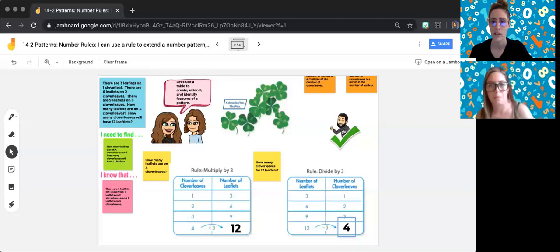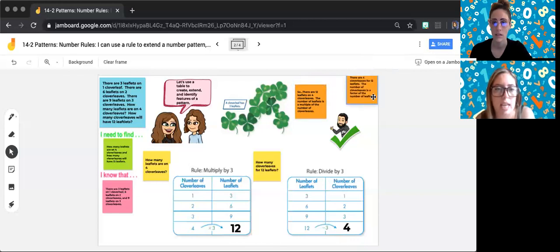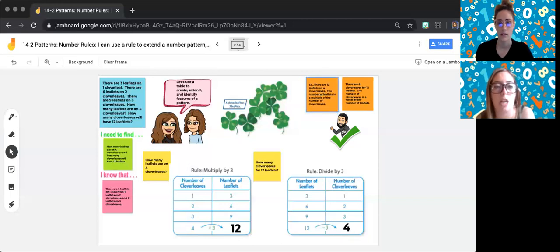Yep, to find the number of clover leaves, we had to divide the number of leaflets by 3. Perfect. So we can think about a feature of this pattern. In the first pattern, where the rule is multiply by 3, all of those numbers of leaflets are multiples of 3: 3, 6, 9, 12.